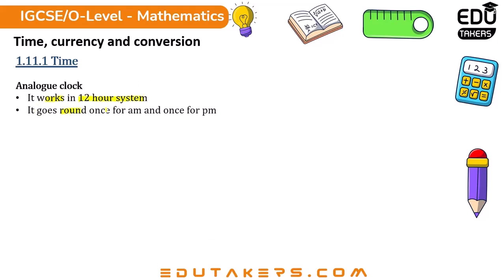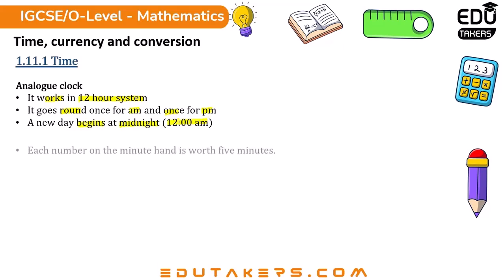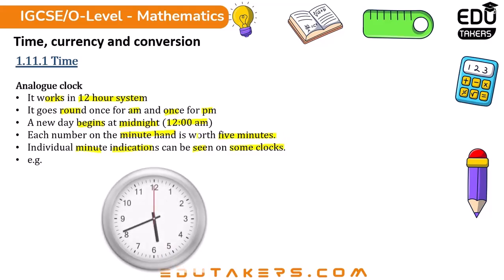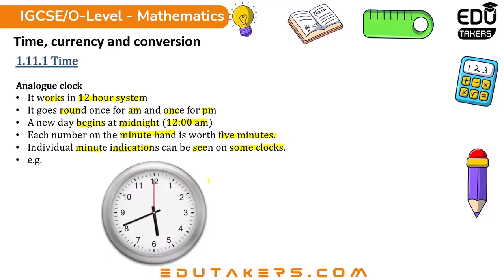It goes round once for AM and once for PM. A new day begins at midnight 12 am. Each number on the minute hand is worth 5 minutes. Individual minute indications can be seen on some clocks. For example, like this.